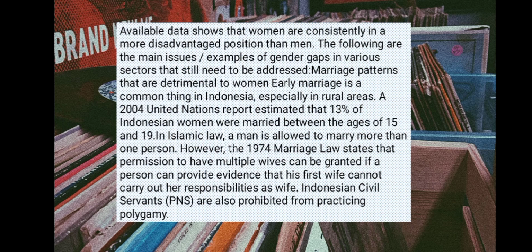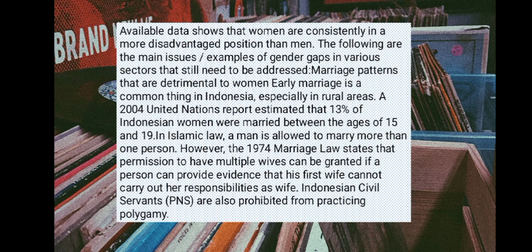In Islamic law, a man is allowed to marry more than one person. However, the 1974 marriage law states that permission to have multiple wives can be granted if a person can provide evidence that his first wife cannot carry out her responsibilities as wife.